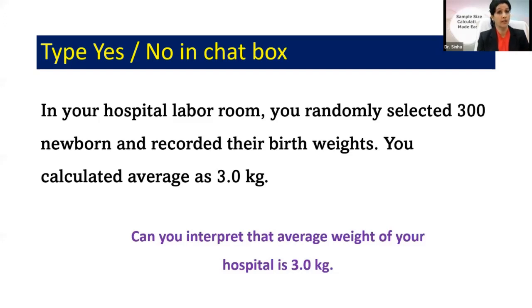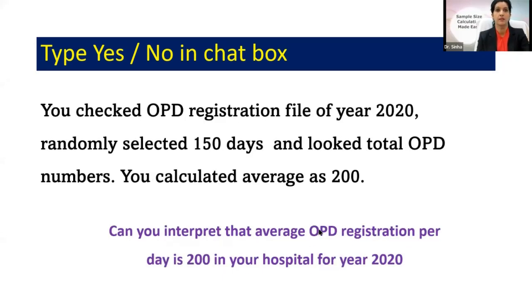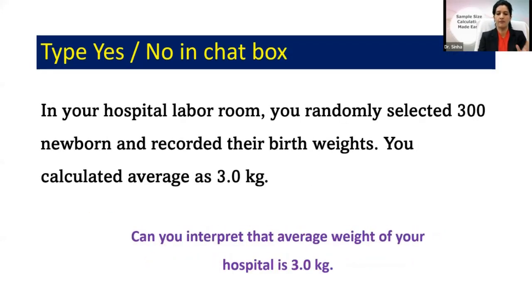Similarly, you have selected 300 newborns and recorded their birth weight. The calculated average weight is 3 kg.